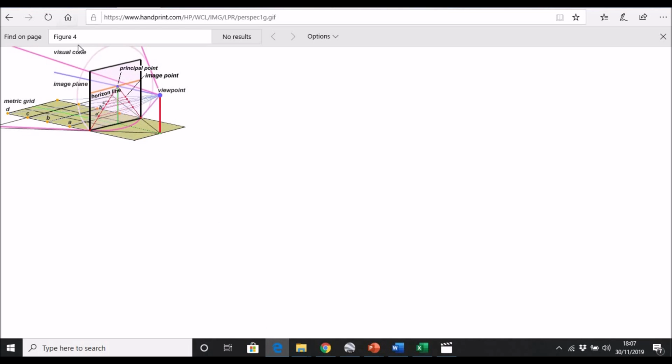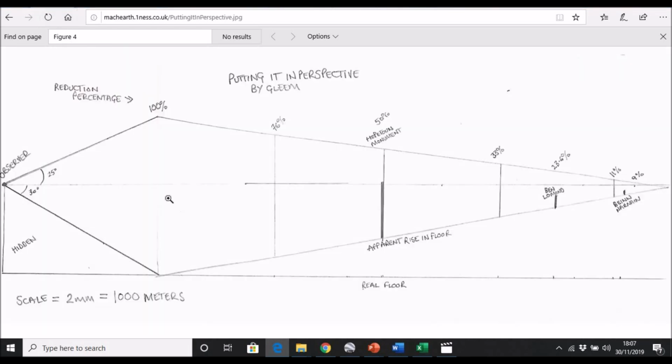But just to go back to why this point in the field of view is considered to be 100%. Agreed, this is the point at which this field of view angle meets the ground in the observation, the point at which that line meets where the ground is.